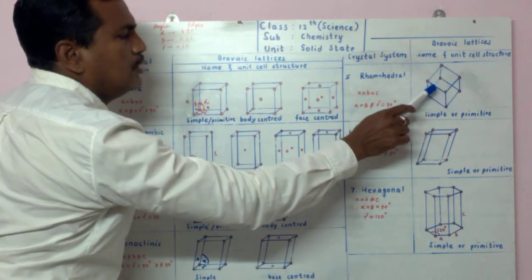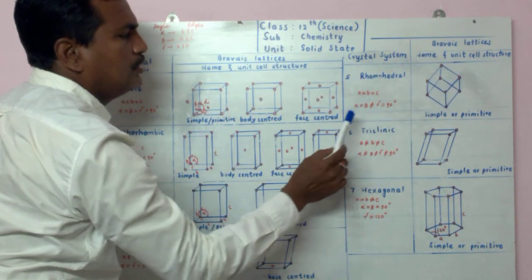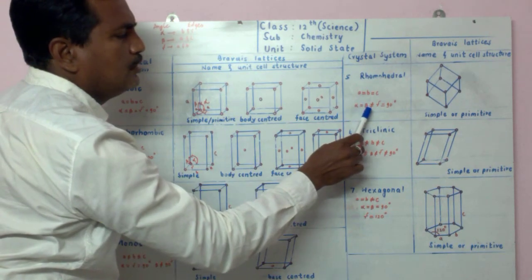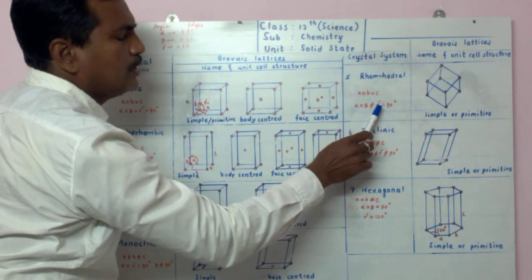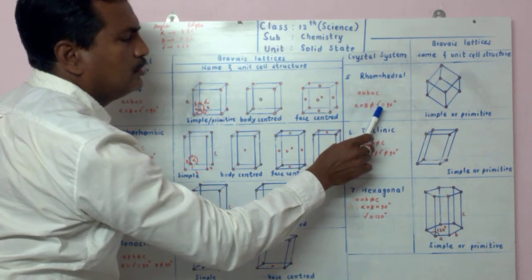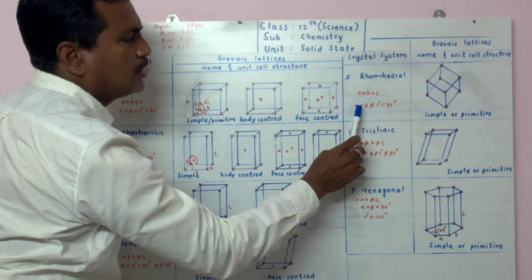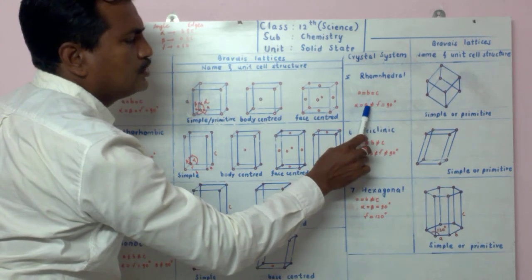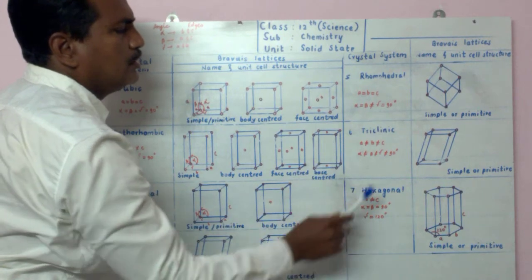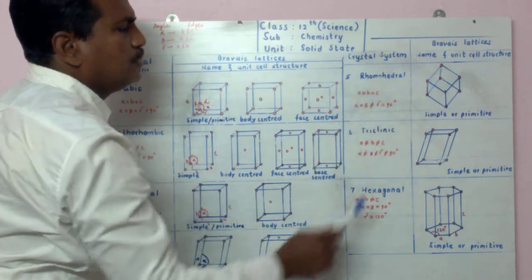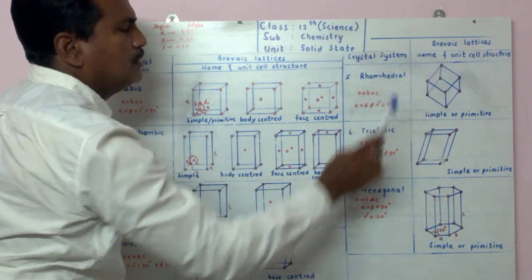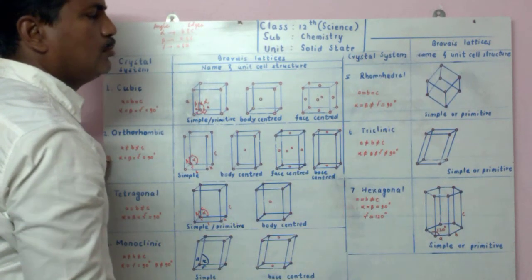All edge lengths are of equal length, and the angles alpha is equal to beta is equal to gamma, not equal to 90 degrees. It is of only simple or primitive type. Here particles are present only at the corners of the rhombohedral.